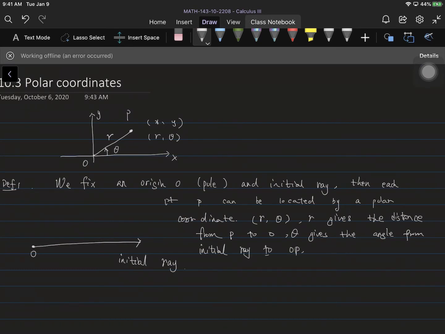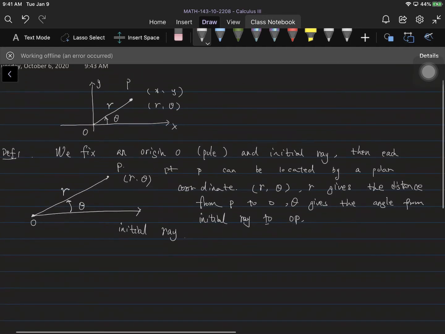So let's take a look at the graph. Initial ray and the origin O. If we have point P, the point is given by r theta. R is the distance from O to P. And theta is the angle from the initial ray to OP. So that's the polar coordinate.